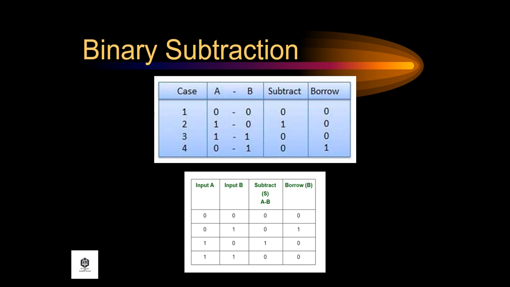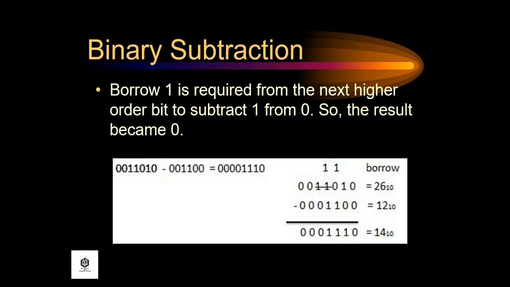So here are the 4 rules. 0 minus 0 is equal to 0. 1 minus 0 is equal to 1. 1 minus 1 is equal to 0. Then 0 minus 1 is equal to 1, borrow 1. Borrow 1 is required from the next higher order bit to subtract 1 from 0, so the result becomes 1.